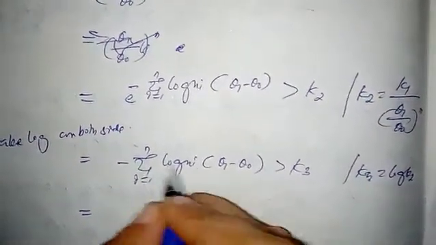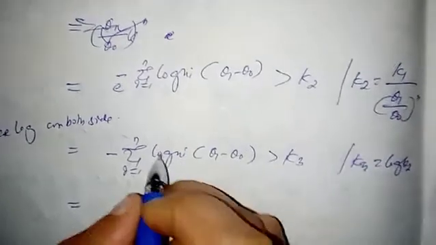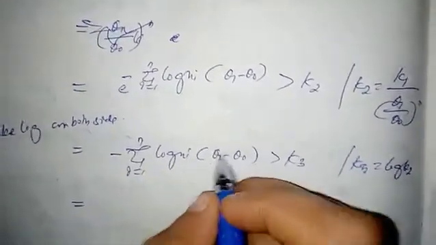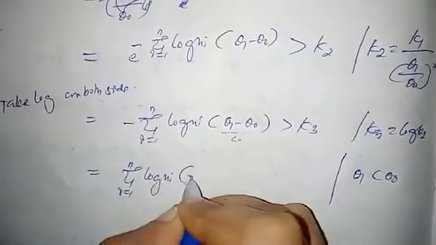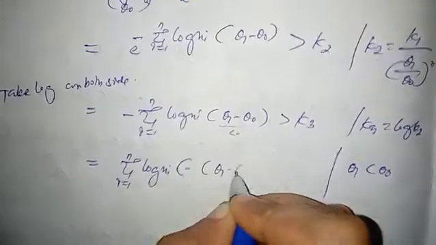Which implies, here we only need the summation log xi term, right? But here there is a minus 1 and also theta 1 minus theta naught, so we can divide by this term. But here it's given that theta 1 is less than theta naught, right? Then this term becomes negative, right? And you can write this as summation i = 1 to n log xi into this minus 1 into this term, right?